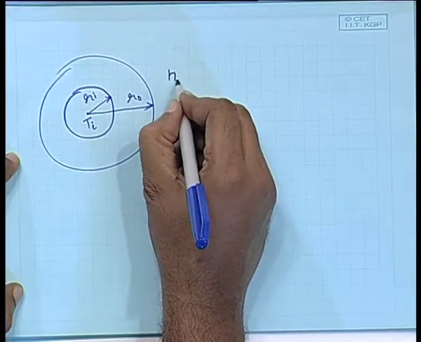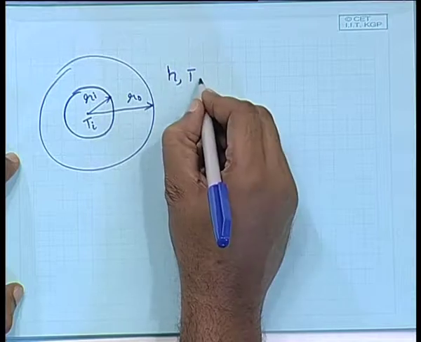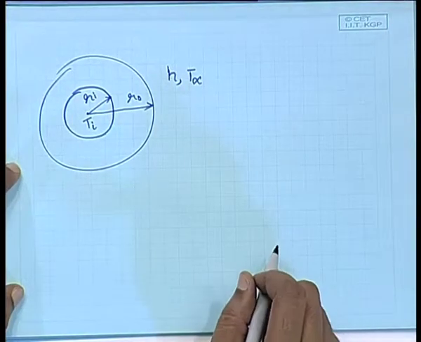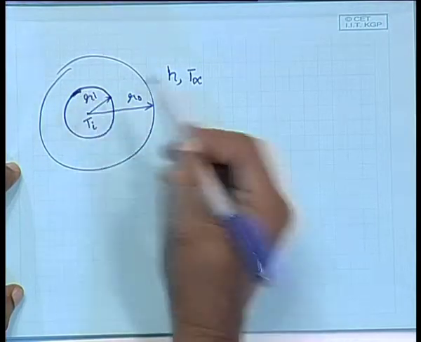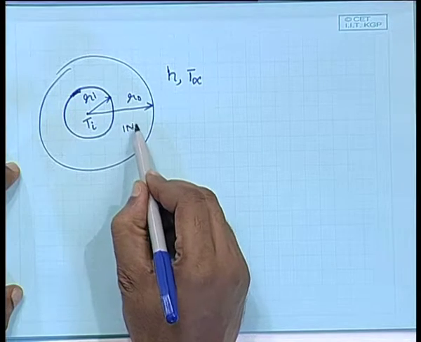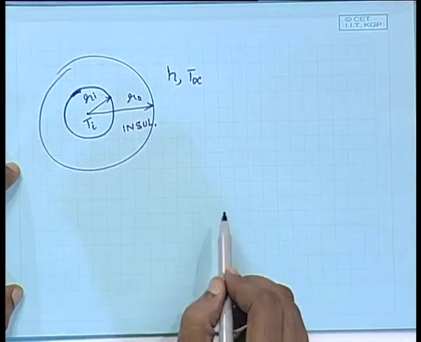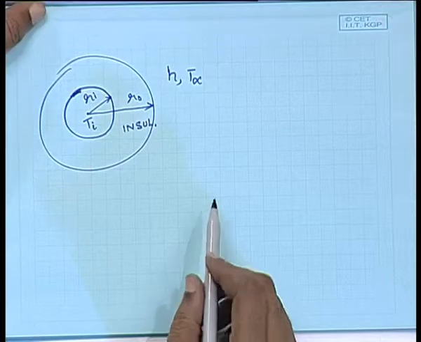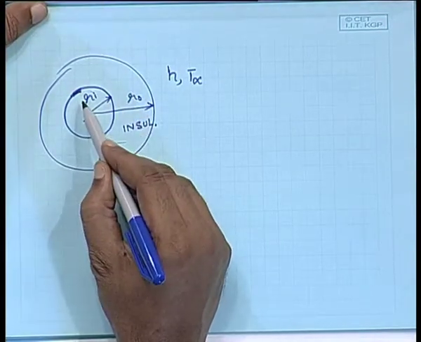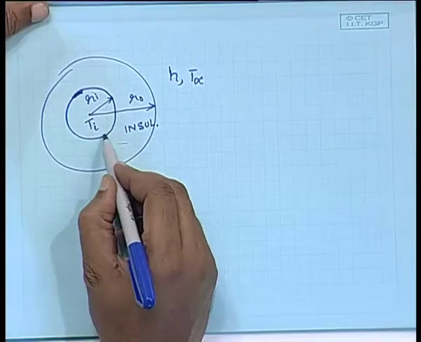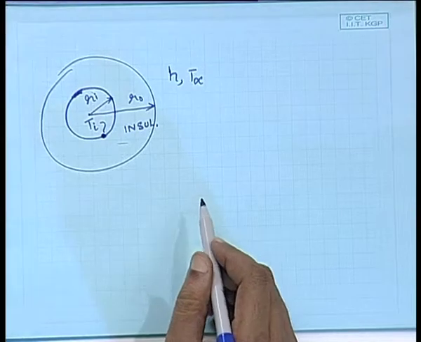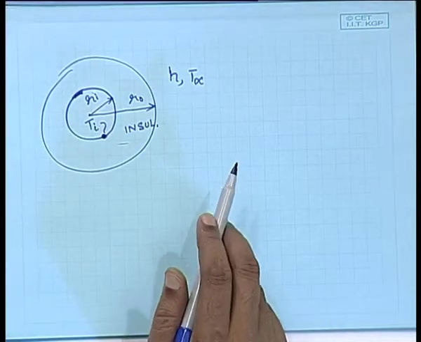The pipe is exposed to a convection environment of H and T infinity. So, a bare pipe with some sort of insulation over here, around a circular pipe, and the inner temperature of the insulation is fixed as Ti, and the outer surface is exposed to a convection environment.